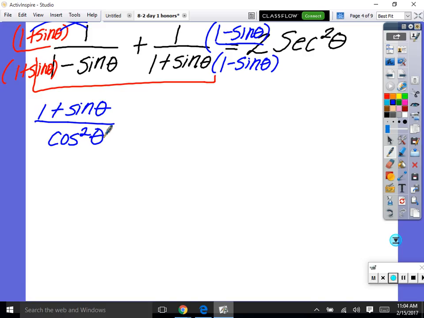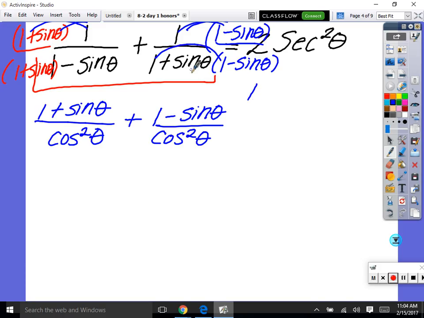Yeah. So then plus, we distribute this. 1 minus sine of theta over cosine squared theta. Because 1 times 1 is 1, right? Middle terms cancel out, so we do not need to distribute the middle terms. This times this is negative sine squared theta. Isn't that a trig identity? Cosine squared theta. But we should be getting these memorized at this point.